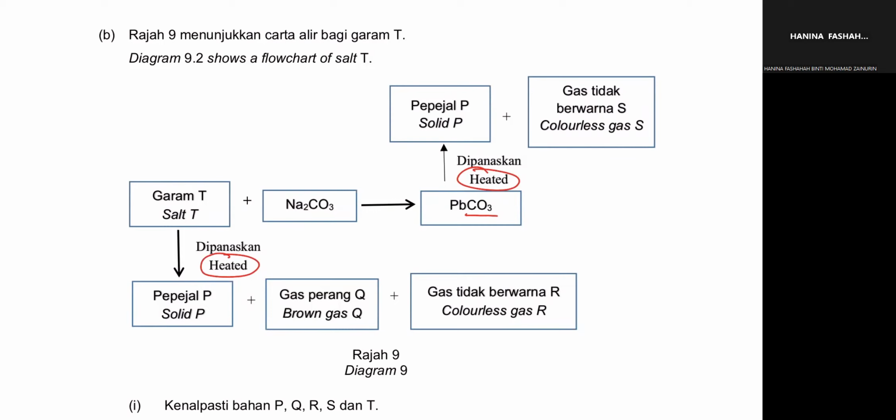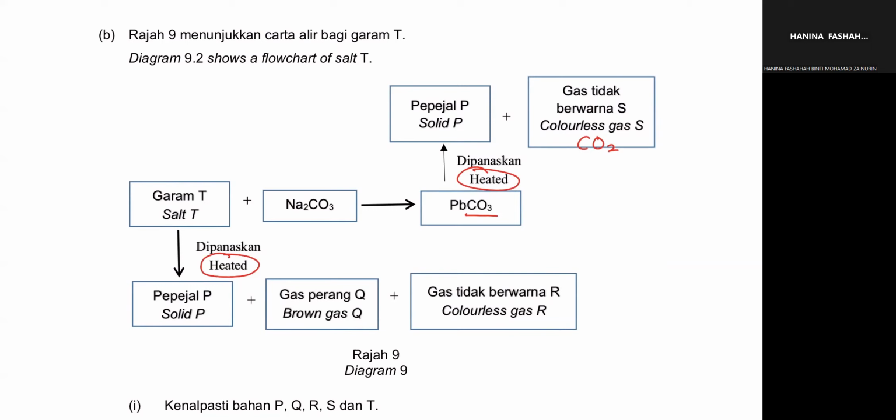It always comes out as a colorless gas. So when you heat, you only have two types of heating: heating carbonate salt or nitrate salt. For carbonate, basically carbon dioxide comes out.